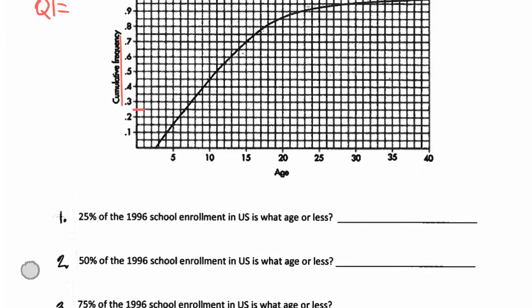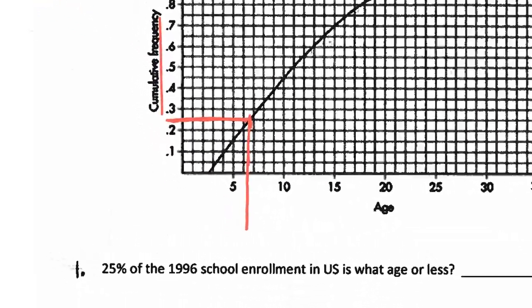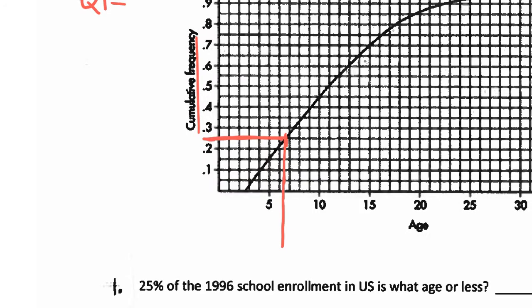So look at what I can do here. I can say at the 25th percentile, so come here to your data, what age student is at the 25th percentile? Can you see that? What age student is at the 25th percentile? Looks like 6.5. So 25% of students are age what? 6.5 or less. Okay, find the median age and find the Q3 age.